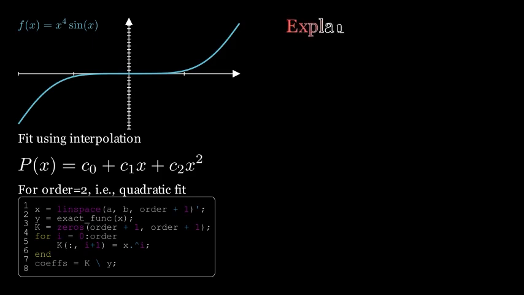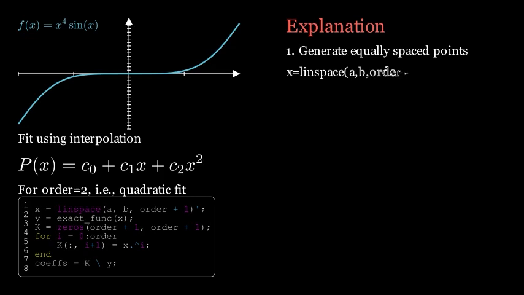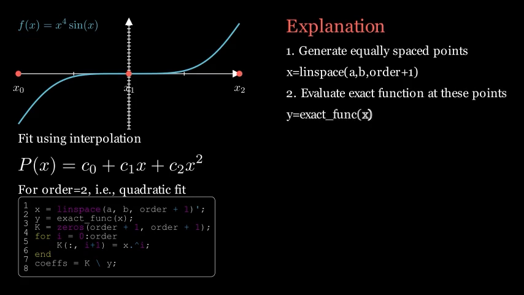So what we essentially want is 3 conditions to find c0, c1 and c2. To this cause, we find 3 equally spaced points on the domain. We call them x0, x1 and x2. Now, we calculate the exact function at these points. So we get 3 values of y: y0, y1 and y2.